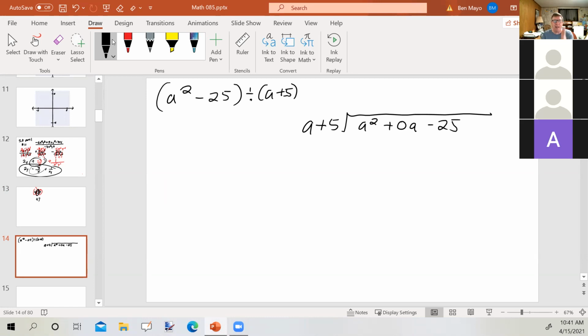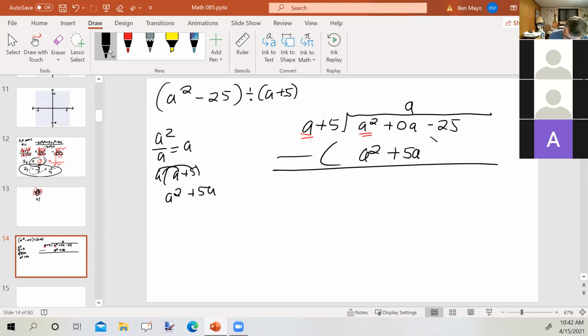So I'm creating a column for the a to the first power. I didn't change the value of the original a squared minus 25, but I created a column, if you will, to put the a to the first powers in there. Okay, so let's see if it works out now. Leading term divided by leading term, a squared divided by a is a. That's going to go right up there. Then I'm going to take a times a plus 5, which is a squared plus 5a.